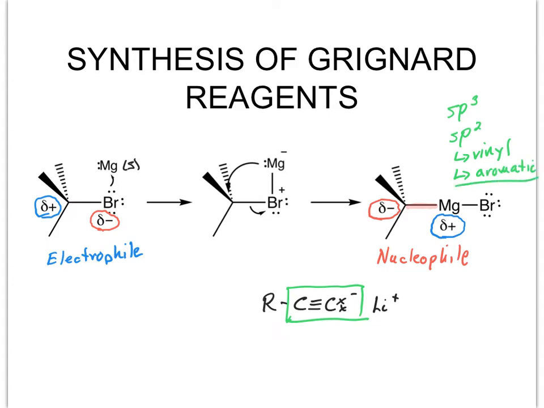It's a very flexible reaction. So we can create Grignard reagents starting with a variety of organic halides to make organomagnesium compounds where the carbon can act as a nucleophile. That's very flexible chemistry.